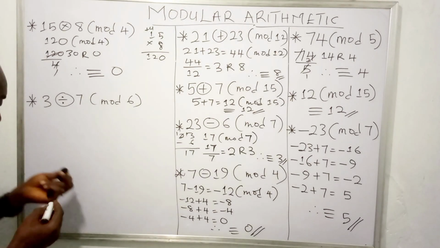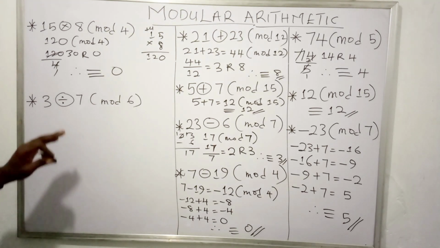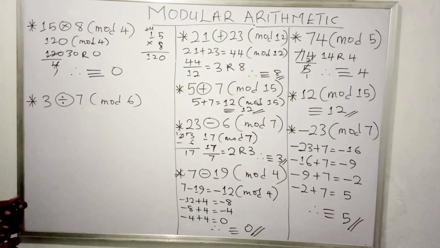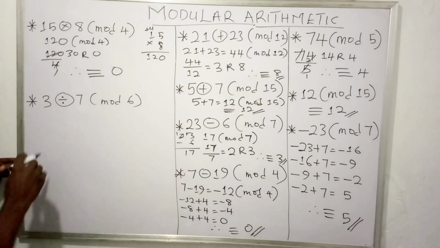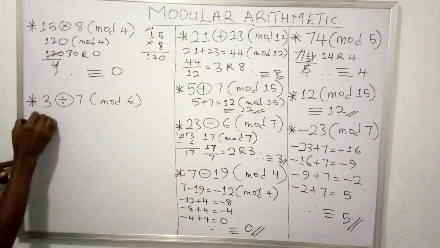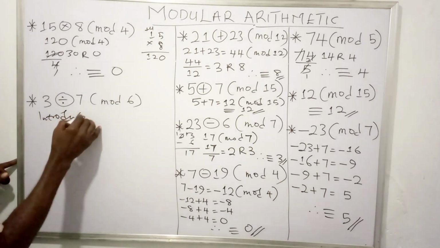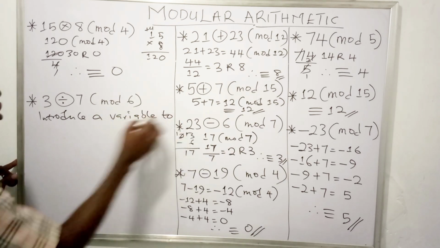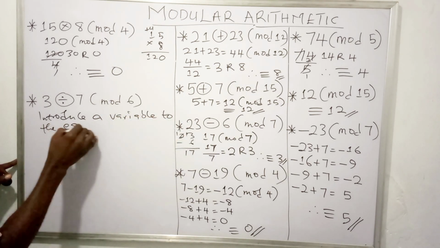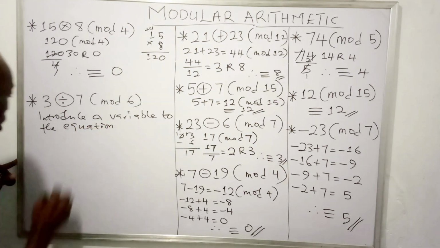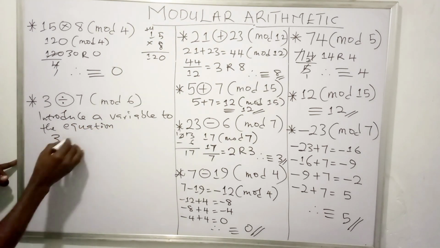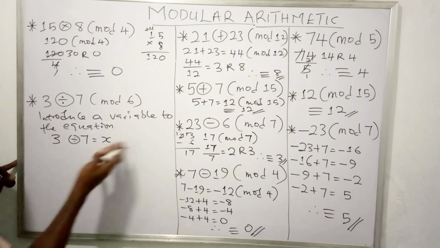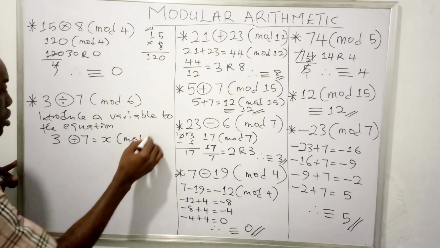What we'll do in division will be a little bit different from what we have had in the previous ones. We introduce a variable to the equation, and this will give us 3 divide 7 is equal to x mod 6.